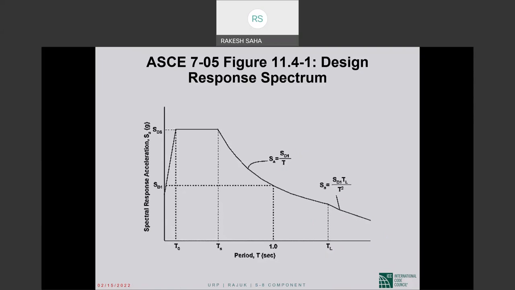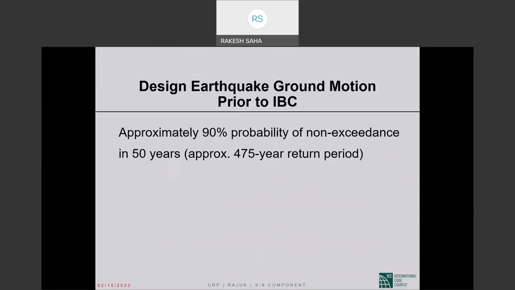In BNBC, T sub L has a fixed value of 2 seconds, as I mentioned repeatedly one of these days, and you will see that again. Okay, so in any case, this spectrum, evolving from the Harry Seed spectra, is the basis of design in ASCE 7-05.